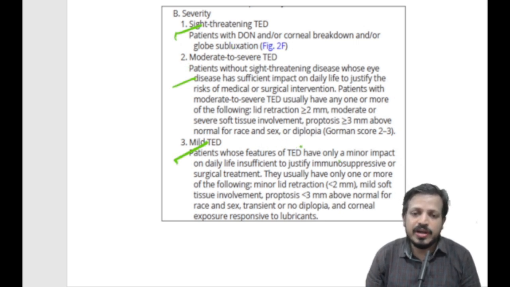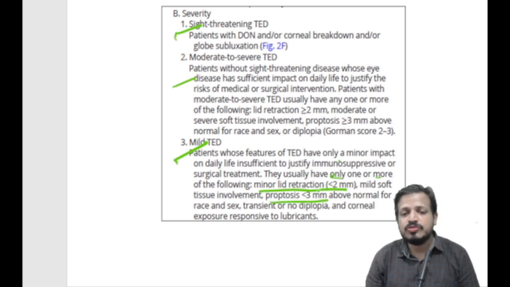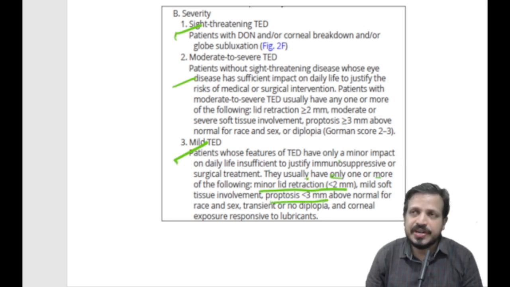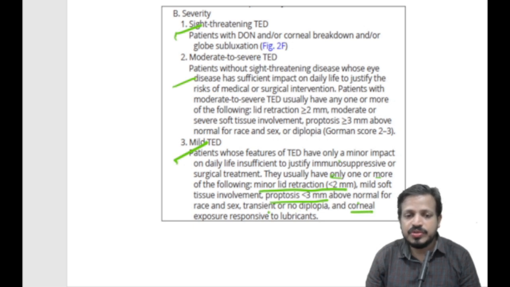In the mild eye disease, there is one or more of the following: minor lid retraction, that is less than 2 millimeter, proptosis of less than 3 millimeter, or mild soft tissue involvement, or corneal exposure responsive to lubricant, with no associated diplopia or transient diplopia at present.